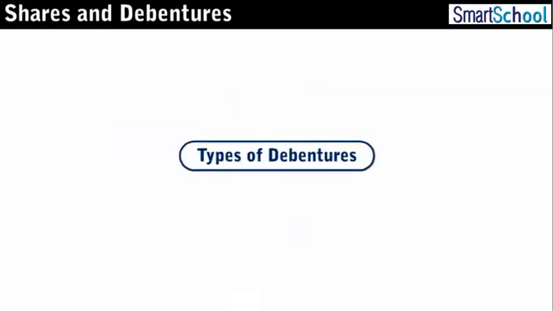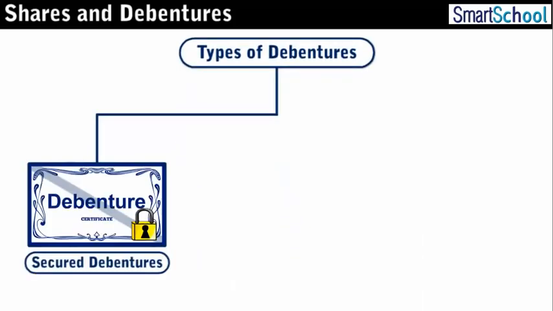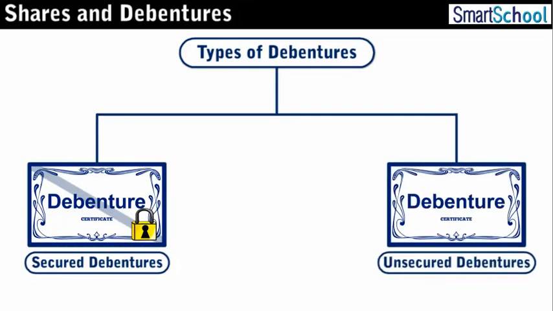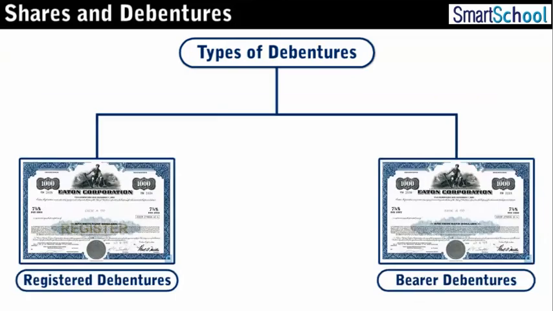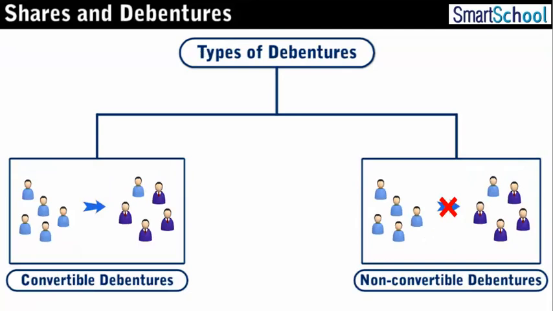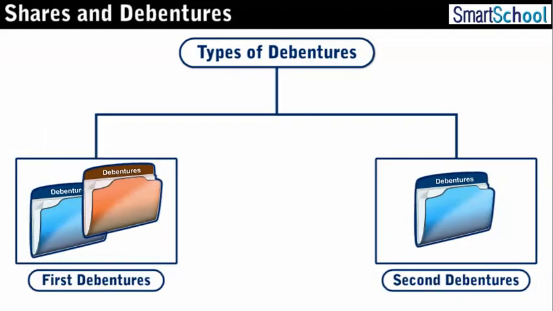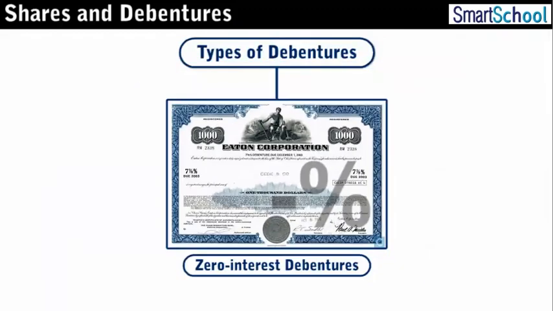Following types of debentures can be issued by the company. They are secured and unsecured debentures, registered and bearer debentures, convertible and non-convertible debentures, first and second debentures, zero-interest debentures. Let us study about them in details.